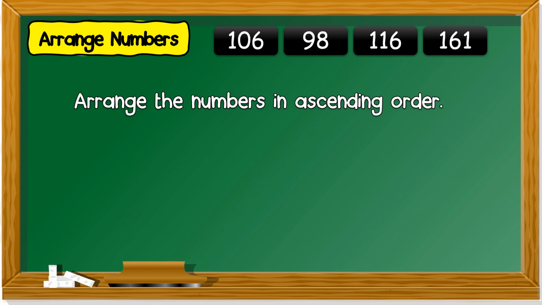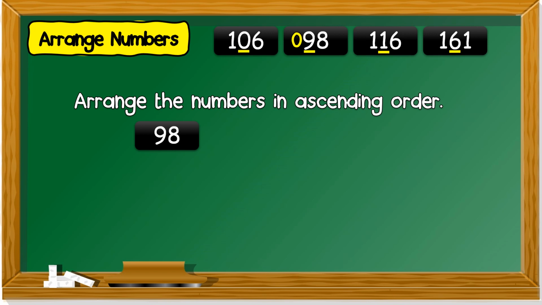So we look at the hundreds. All have 1 except for 98. 98 has 0 hundreds. So that is the smallest number here. Second one, we look at their tens. The smallest one is with 0.